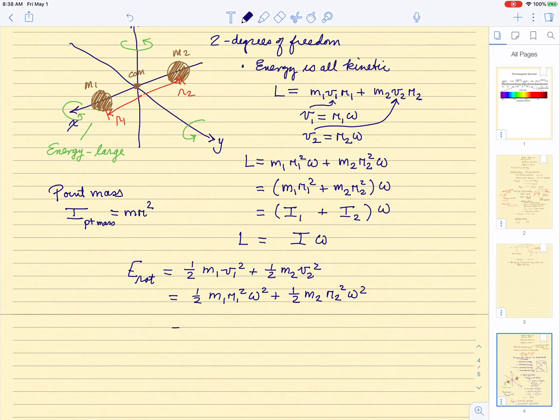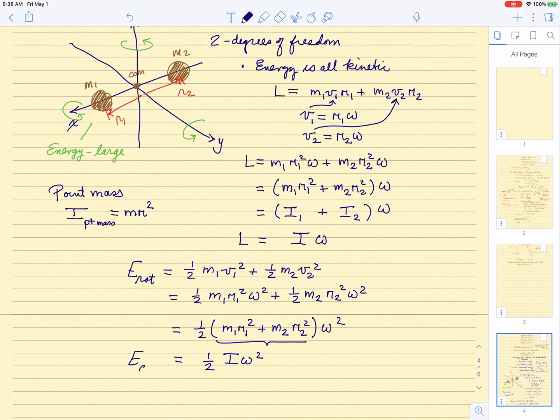We can factor out the 1/2 and the omega squared, so this would be (m1 r1 squared plus m2 r2 squared) omega squared. And again, we recognize this as the total rotational inertia, and so this becomes 1/2 I omega squared, which is equal to the rotational kinetic energy.